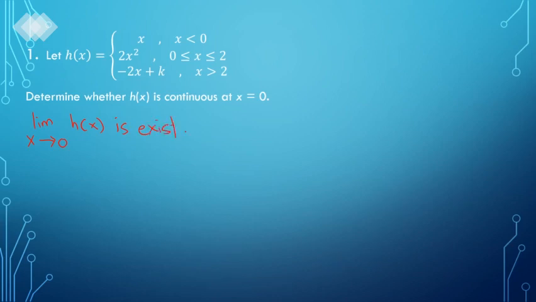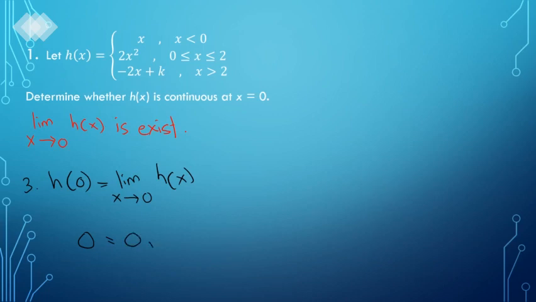Okay, for condition number 3, you just equate h(0) with limit as x approaches 0 of h(x). So h(0) is 0, limit as x approaches 0 is 0.